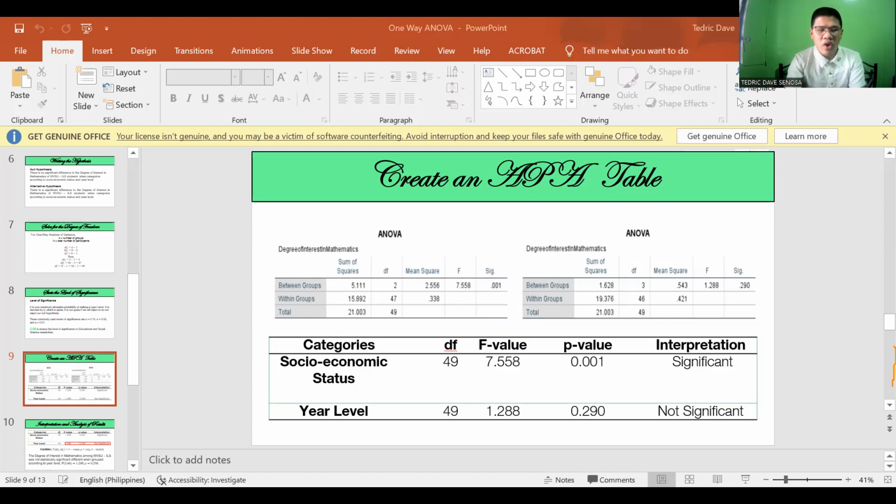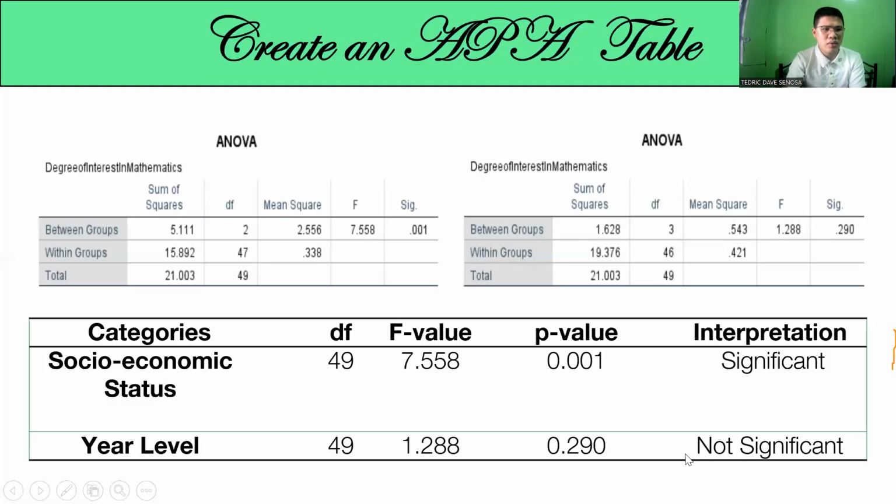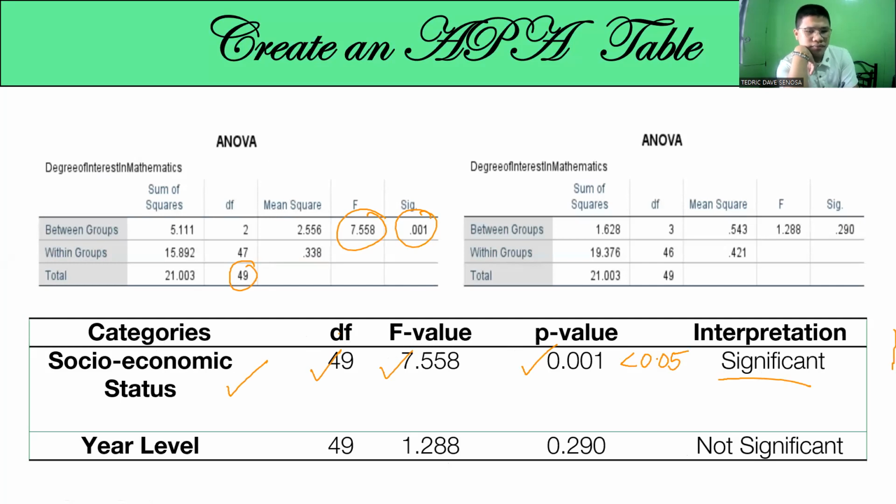So we will go back to the result in the PPT. This is the result from a while ago. How do we get this? For socioeconomic status, of course, the DF will be the overall DF, 49. Your F value is this one, very easy. Your p-value is this. Since this is less than 0.05, it is significant.